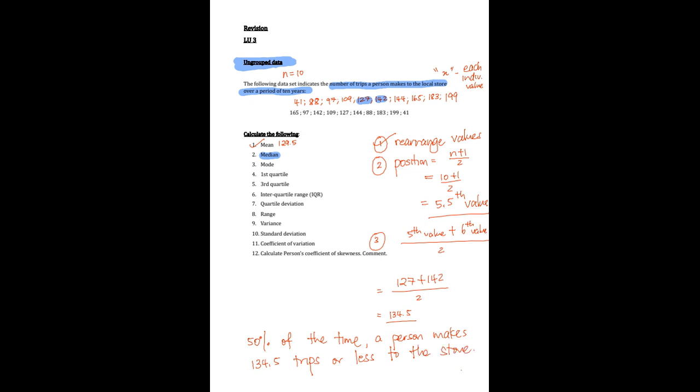I'm going to highlight for you what changes from interpretation to interpretation, but the rest of it will stay the same. So you'll always say 50% of the time or half of the time. And obviously in this case, because it was based on a person's trips to the local store, that's what will change, because it obviously will not always be based on information where a person made a trip to the store.